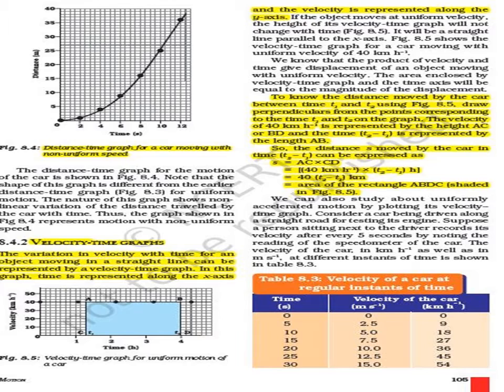So s is equal to AC into CD, that is 40 km per hour into t2 minus t1, because CD is t2 minus t1 and AC is 40 km per hour. So it will be 40 into t2 minus t1 kilometers, and this is the area of the rectangle ABDC. So if we find the area under the velocity time graph, we can find the distance or displacement.